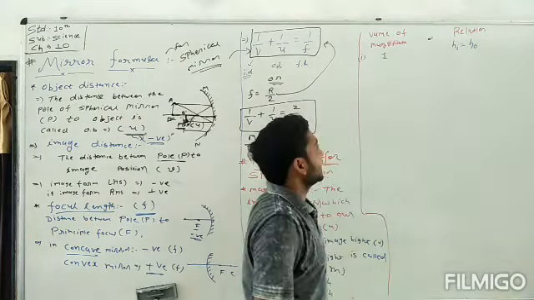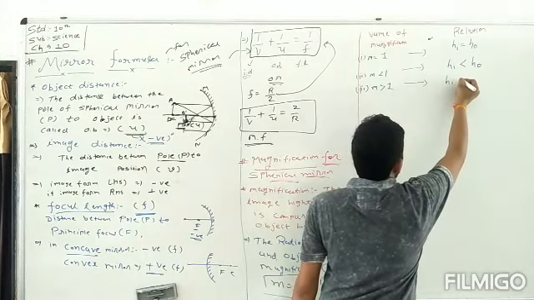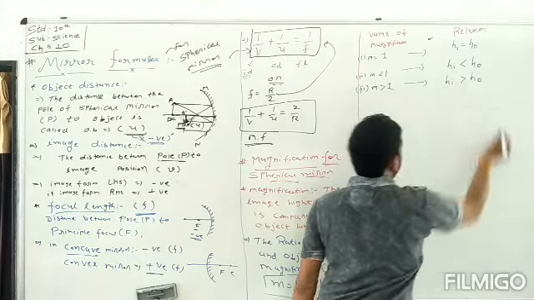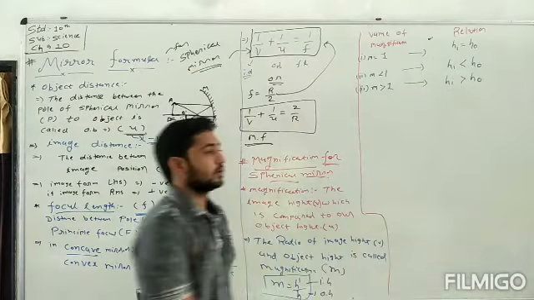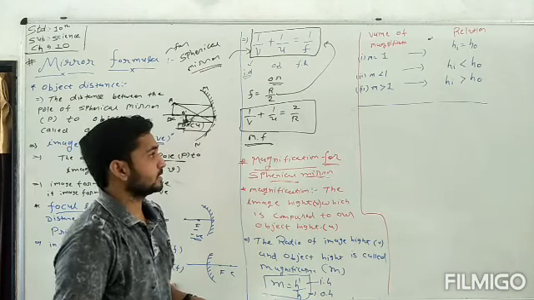In a third case, if magnification is greater than 1, the height of the image is greater than the height of the object. This is the fundamental definition of magnification, the ratio of image height to object height.